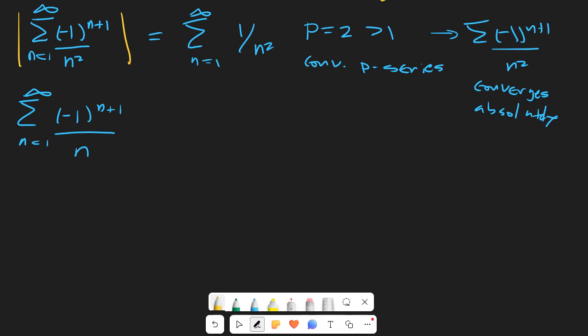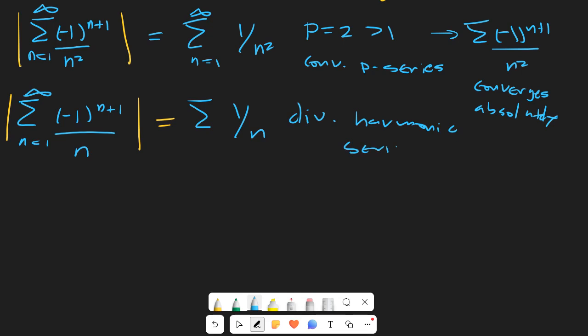Well, under the absolutes, you would be looking at the series summation of 1 over n. But basically, you find that this is a divergent harmonic series. So under the absolutes, it's a divergent harmonic series.